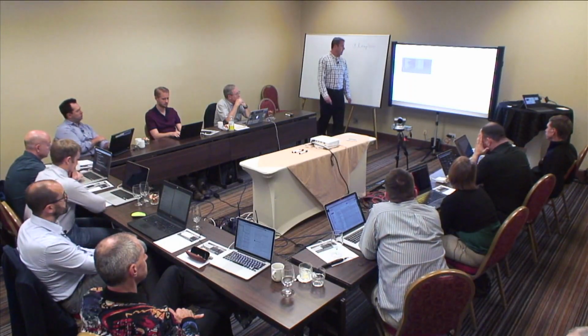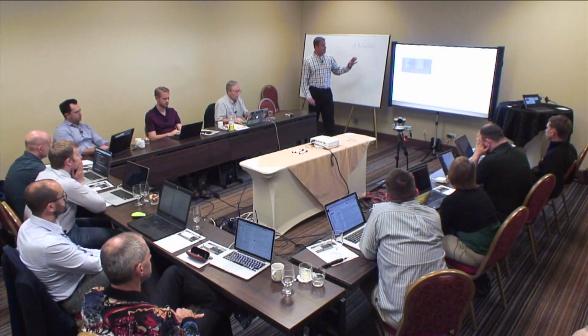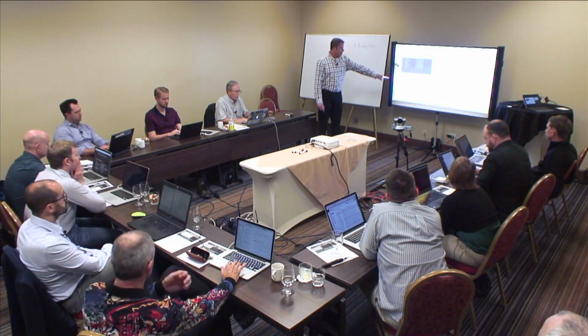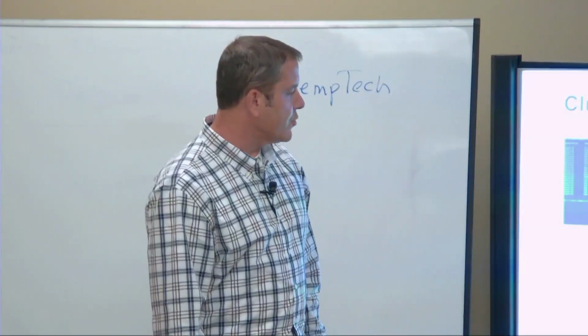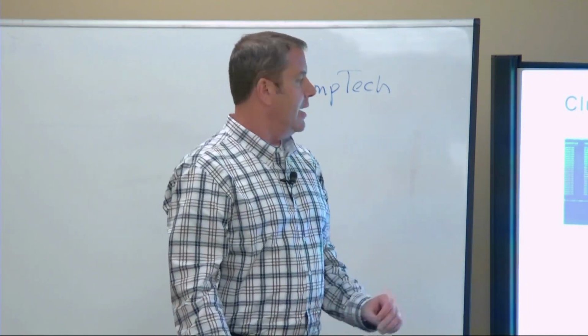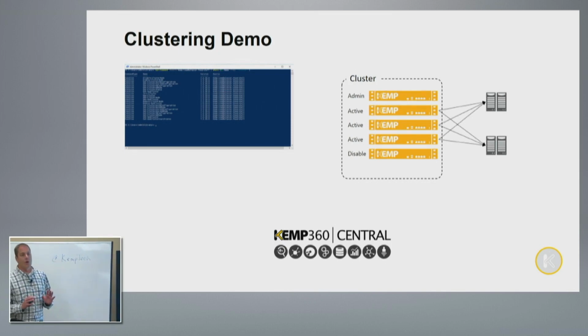So what I'm going to do is skip this demo because I really want to get into Vision and hopefully get to the video at the end. My clustering demo was really a 5-node cluster. I was monitoring the traffic through KEMP 360 Central, and going back to Mihal's automation script, via PowerShell, I'm able to, within this, Mihal, time permitting, was going to bring up a LoadMaster from zero, from the ground up through the automation script.